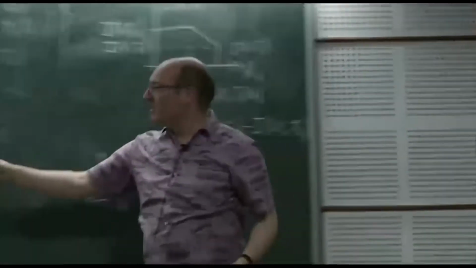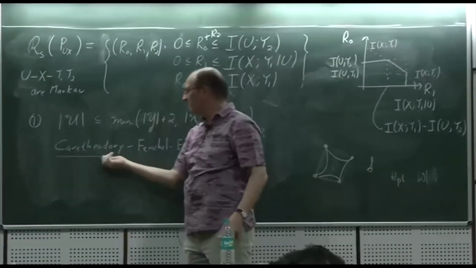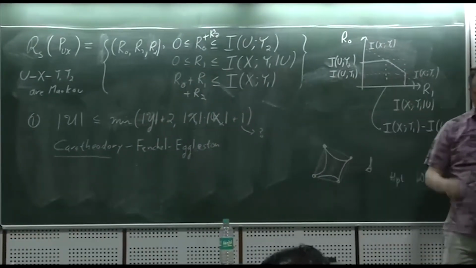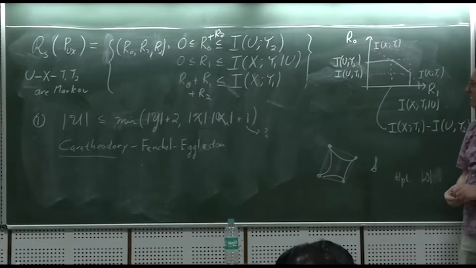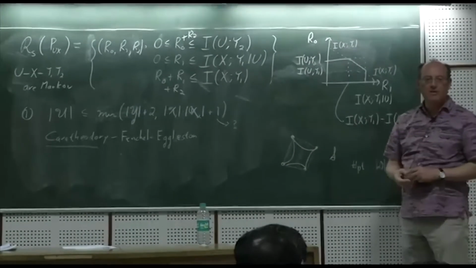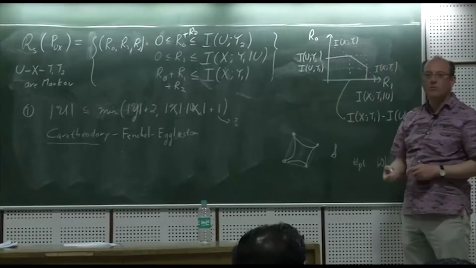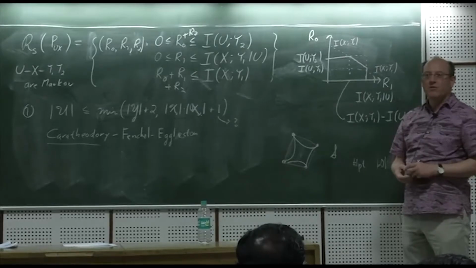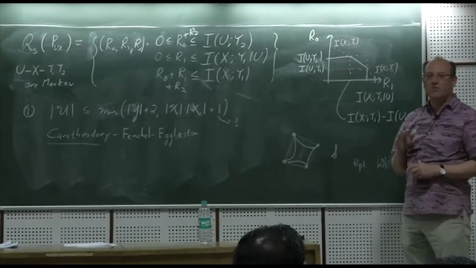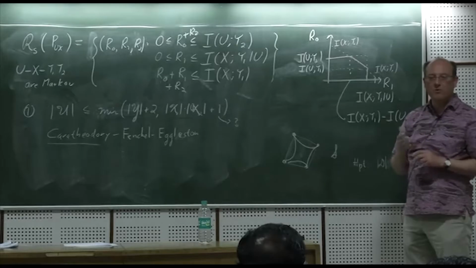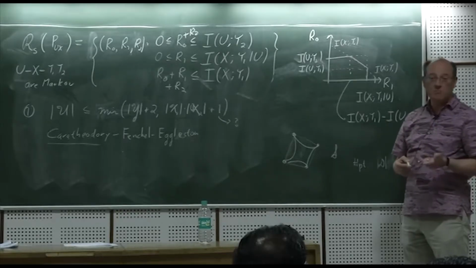So Carathéodory, by the way, is a very interesting person. There's a nice book about him which I read once. He was a Greek mathematician. He was one of the most famous mathematicians in the world around 1930, 40, also going through World War II. He worked in Munich.